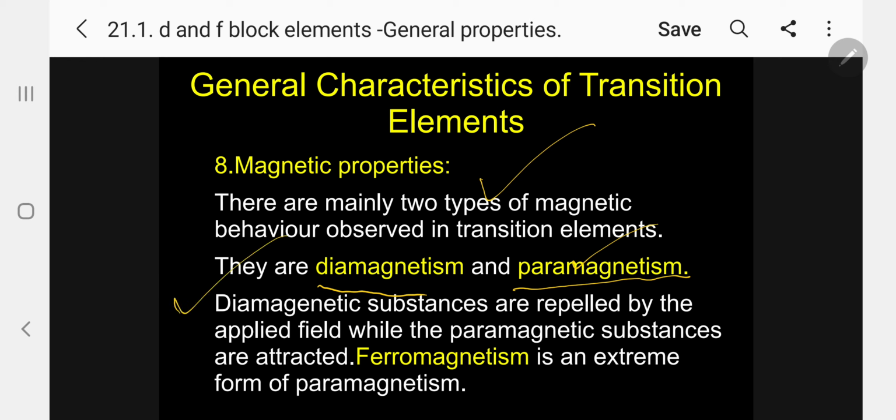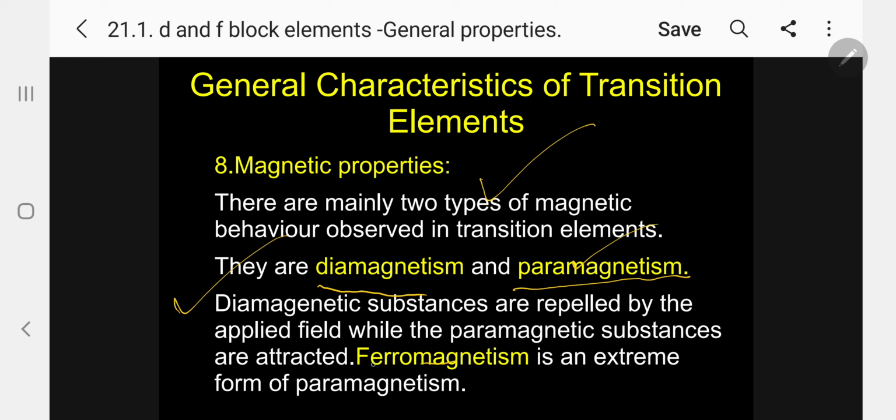Diamagnetic substances are repelled by the applied field, while paramagnetic substances are attracted. So when I place a magnet, diamagnetic substances are repelled and paramagnetic substances are attracted.